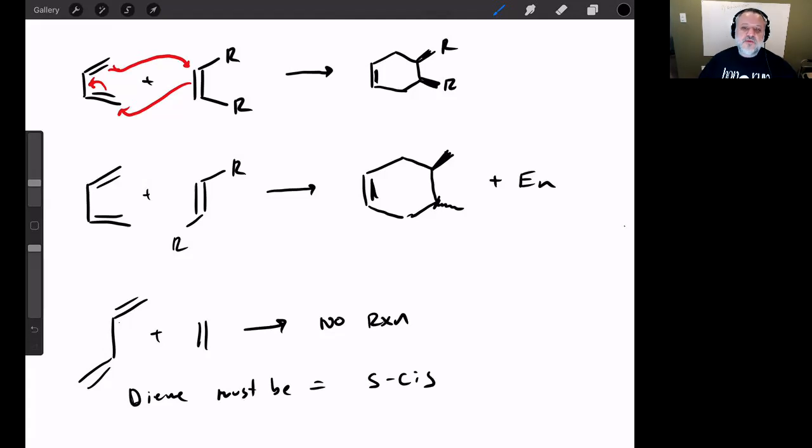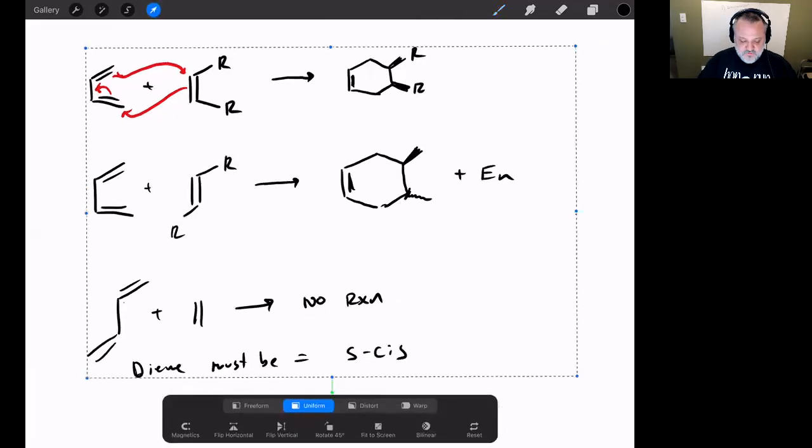Okay, so when you think about Diels Alder reactions, consider the dienophile, and if there are multiple electron withdrawing groups or multiple groups on the dienophile, consider whether or not you can label it as cis or trans in order to decide what kind of product that you'll get when it comes to stereochemical orientation.